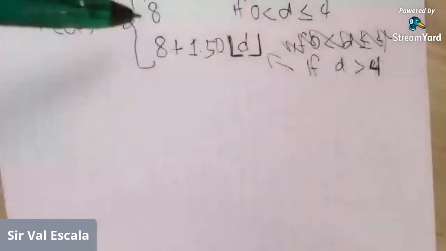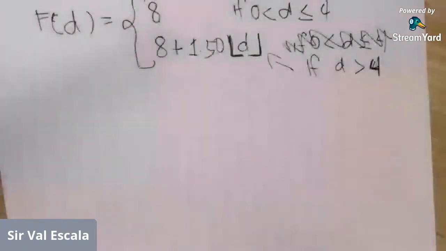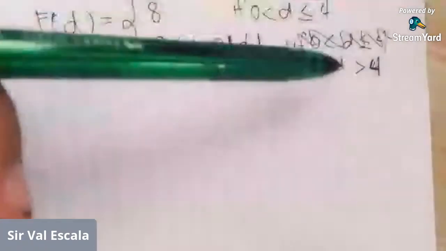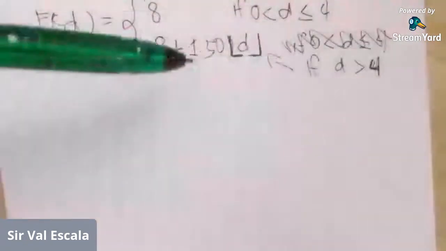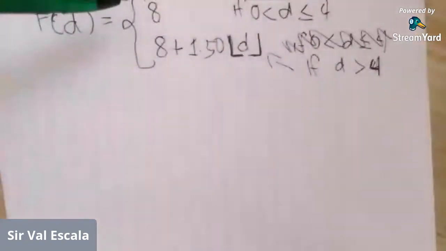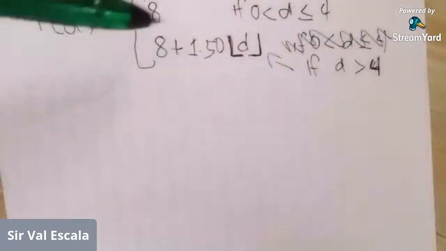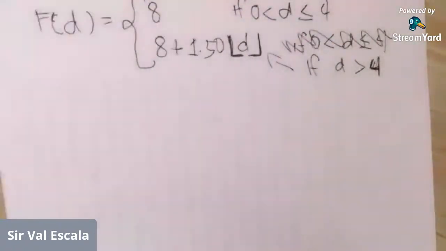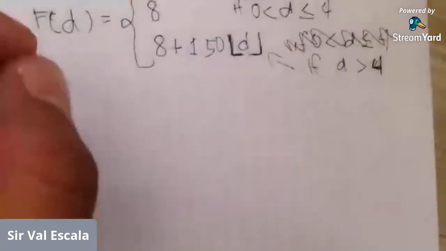Kunwari ay 4.5. So, singil pa rin natin ay 8 pesos pa din. Hindi pa rin siya nagiging 5. So, yun ha. Depende pa rin sa excess ng kilometers.